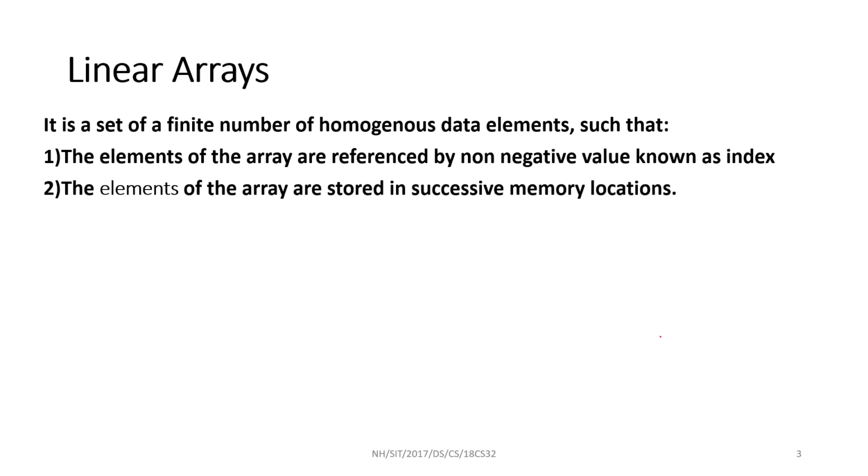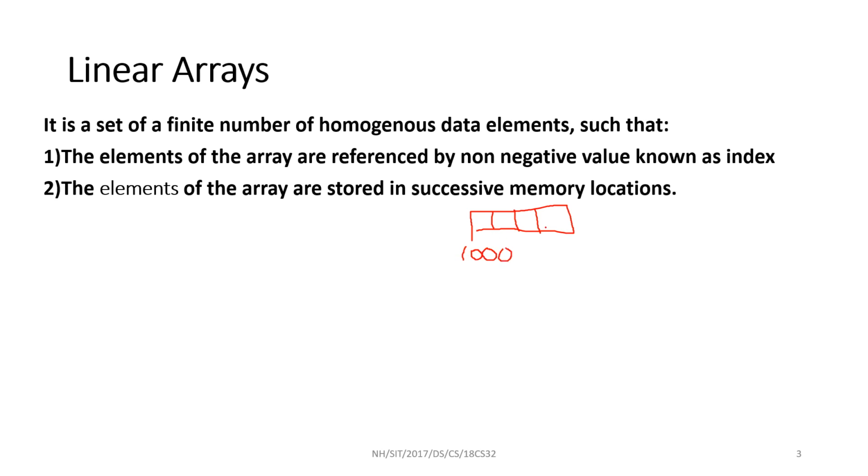The second point, the elements of the array are stored in successive memory locations. For example, an integer data requires 4 bytes. That means it takes the first 4 bytes in the allocated memory location. Suppose that the array started from the address 1000.